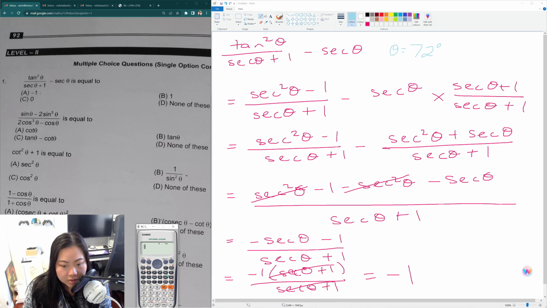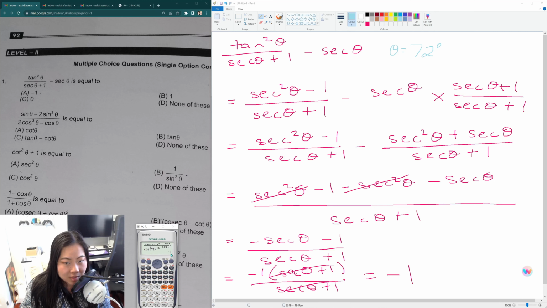So we have a fraction, tan 72 degrees squared all over sec, which is 1 over cos 72 degrees, plus 1, minus 1 over cos 72 degrees. And we got minus 1, which is great.